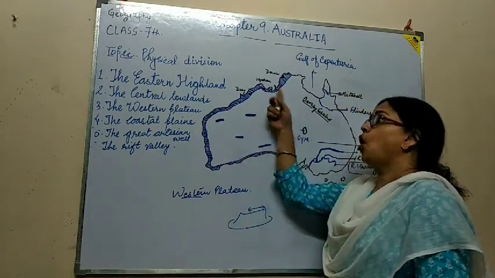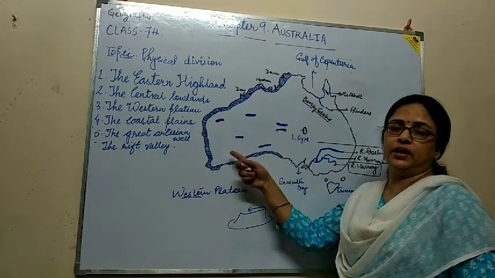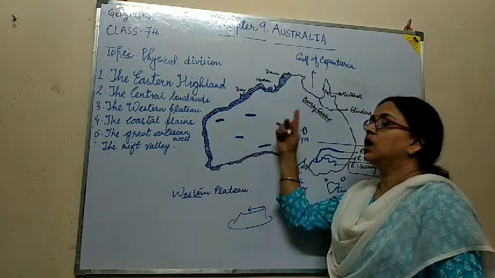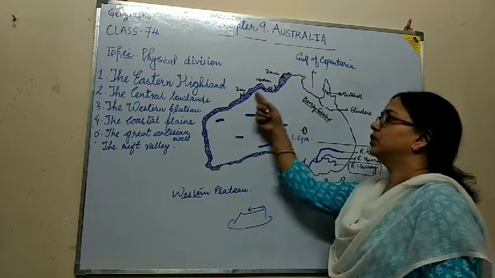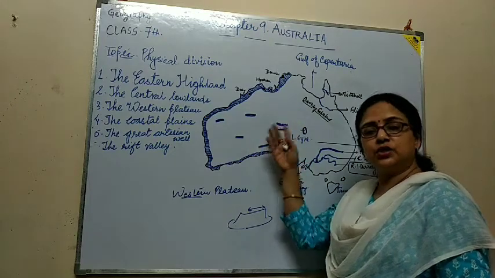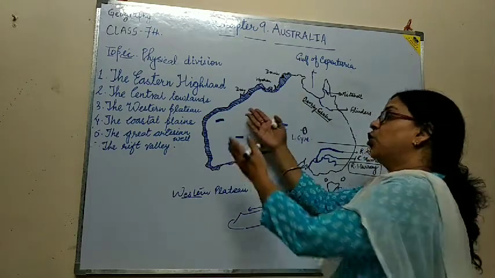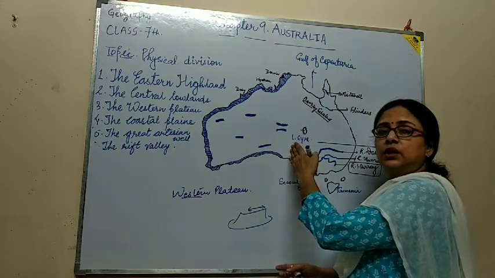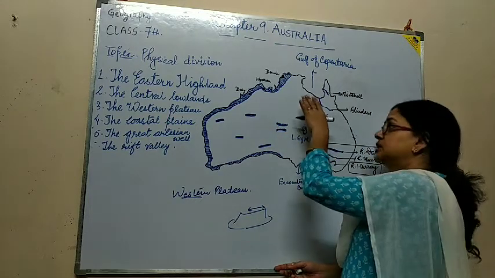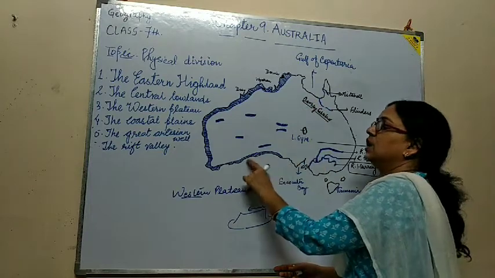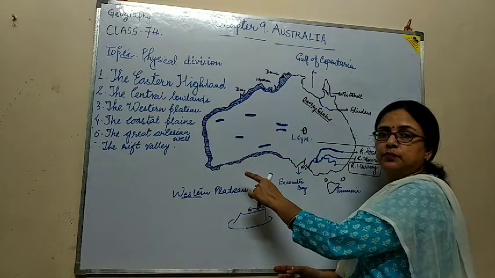It covers almost half of the continent, sloping eastward towards the Central Lowlands and the Nullarbor Plains.